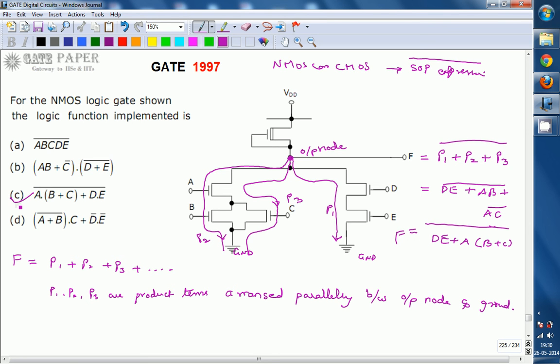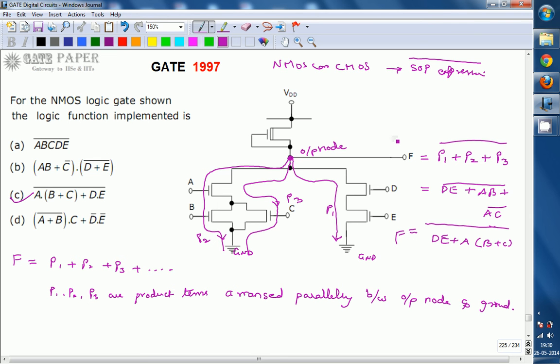Remember that whether it is an NMOS logic gate or a CMOS logic gate, the logic expression implemented will always be in complement form. So first you put F is equal to a bar, that is the complement, and below that complement you write the SOP expression, in terms of P1 plus P2 plus P3 and so on, depending on how many branches are in parallel between the output node and ground.